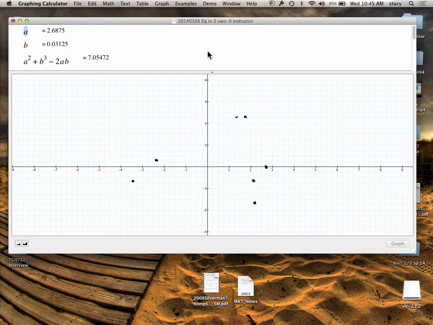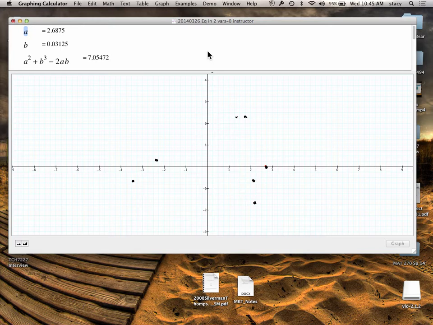Are you guys starting to get a feel for a bunch of points that satisfy this equation? Okay. Is anybody finding this really tedious?